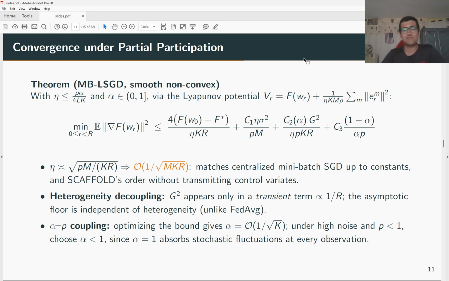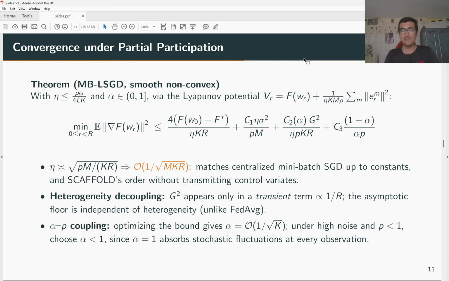Combining the two lemmas through a Lyapunov potential, objective value plus scaled buffer error, gives our main theorem. The bound has four terms: the initialization term, a variance term, a heterogeneity term, and a tracking term that depends on alpha and p. Three consequences.